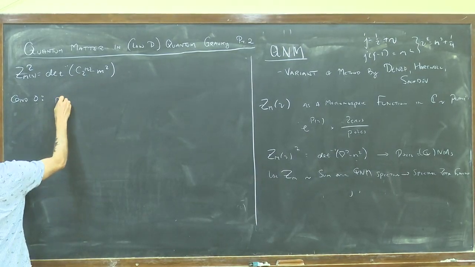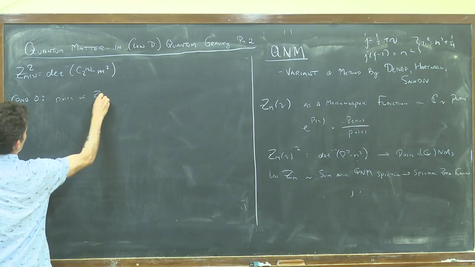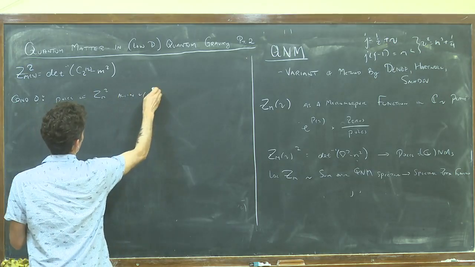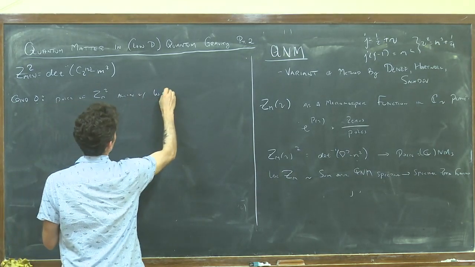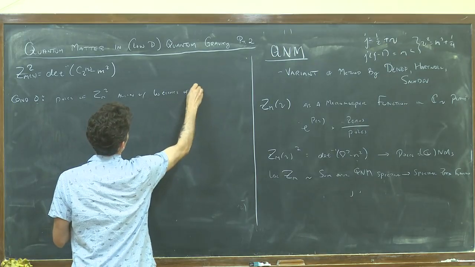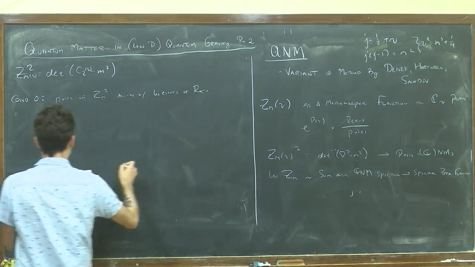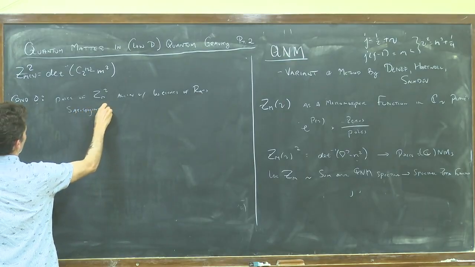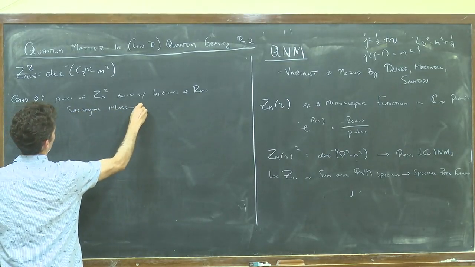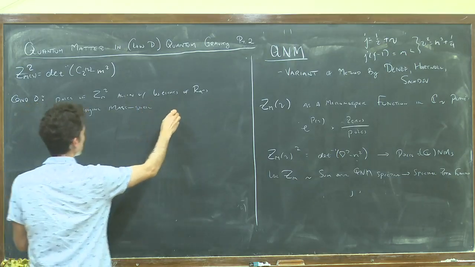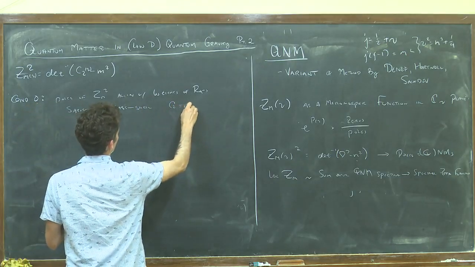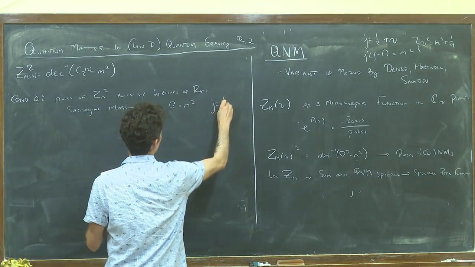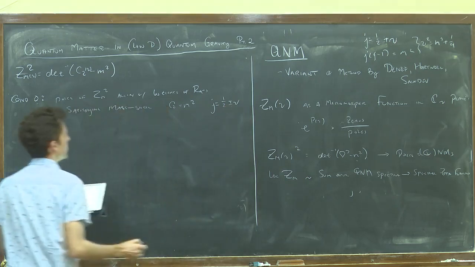So poles of Z_m squared align with weights of representations satisfying the mass shell condition. So that's C2 equal to m squared, which we saw led to these highest and lowest weights with J equal to 1 plus nu.